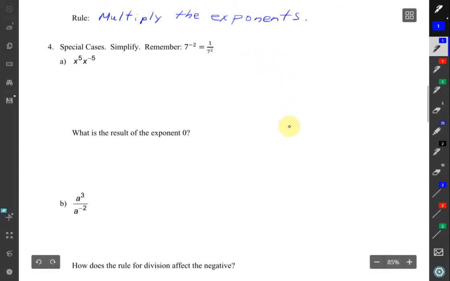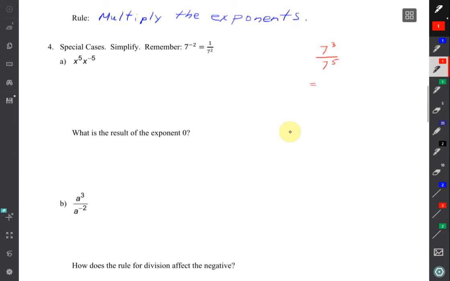The way I can illustrate that is to do an example with base 7 over here. So if I have 7 to the 3, all divided by 7 to the 5, we already know that this is 7 times 7 times 7, and then this is 5 7s multiplied. 3 of these in the numerator will cancel with 3 of those being multiplied in the denominator.